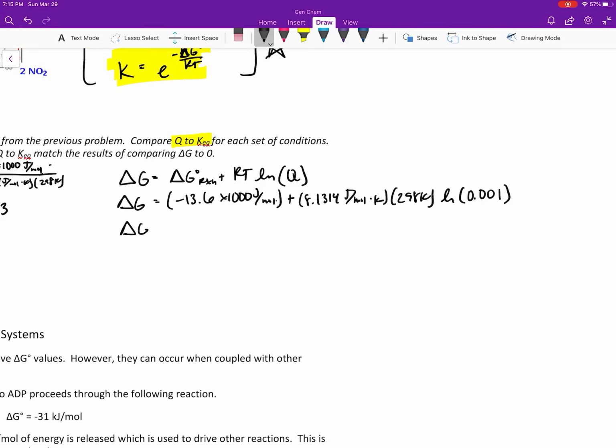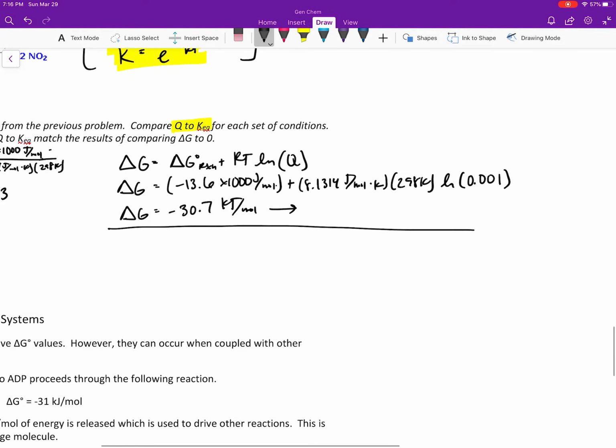And so the delta G for the first scenario comes out to be negative 30.7 kilojoules per mole.